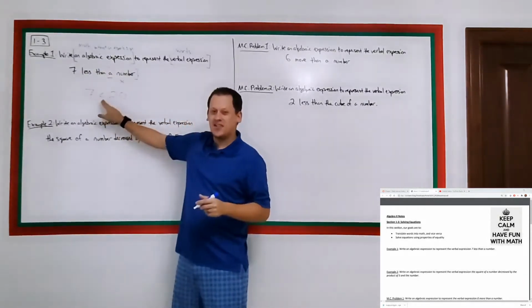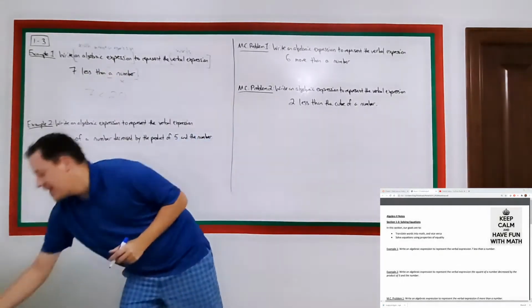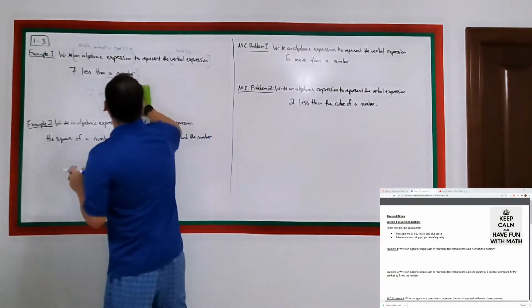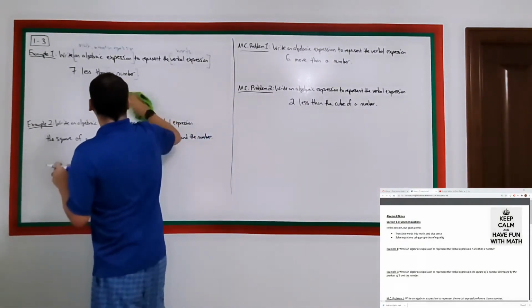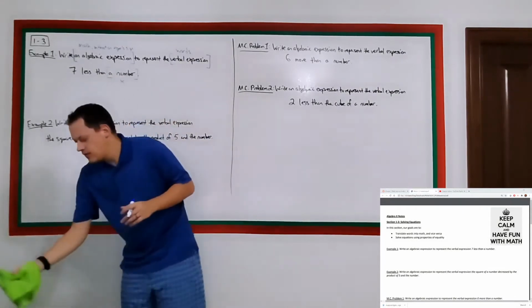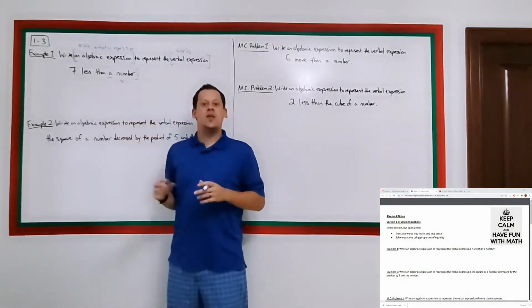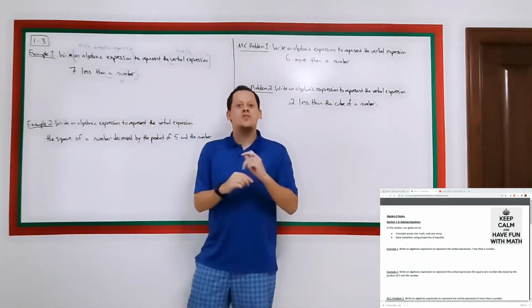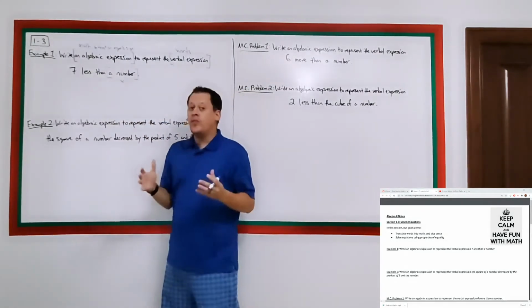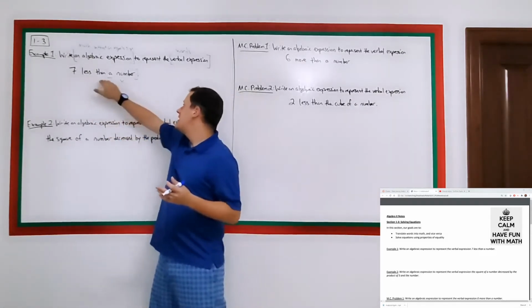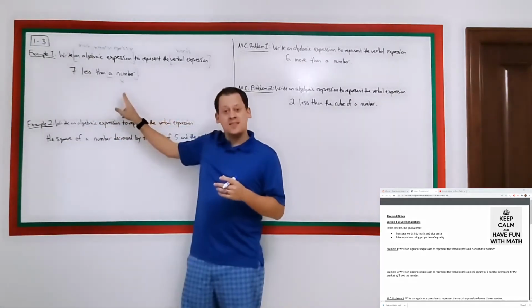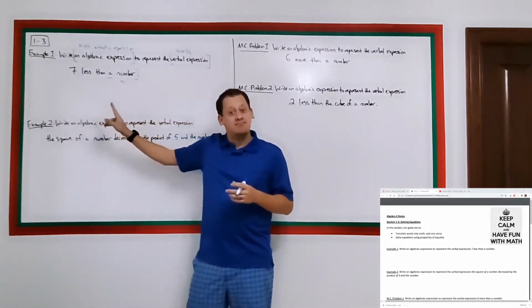So we're actually not going to use this less than sign, as nice as that would be. We want to write something else. So I'll give you a hint that less than here means we are subtracting. So the only question is this 7 minus x, or is it x minus 7?